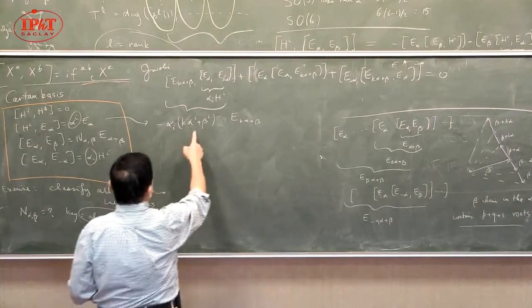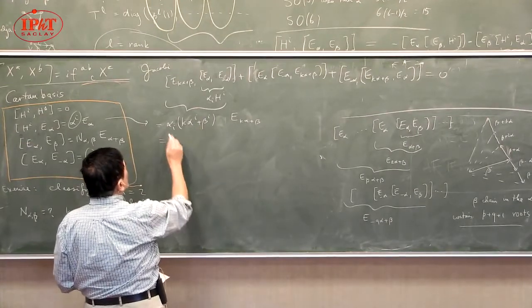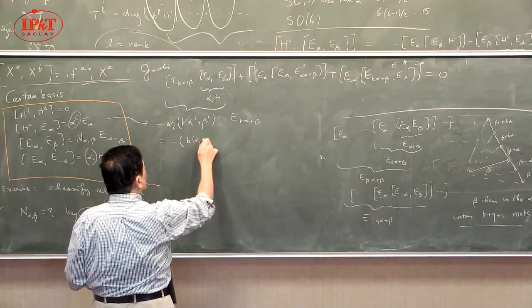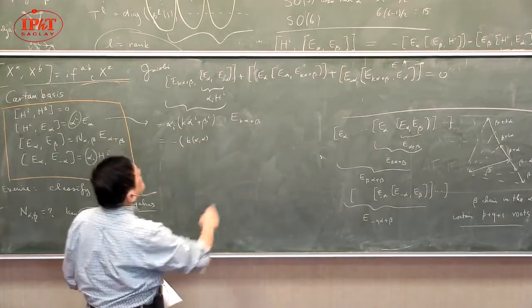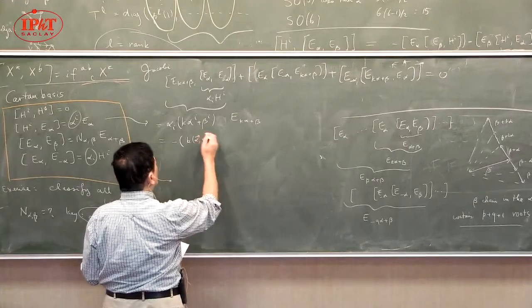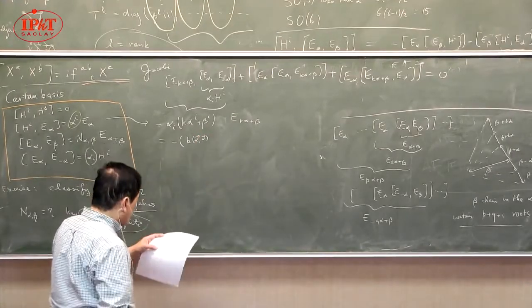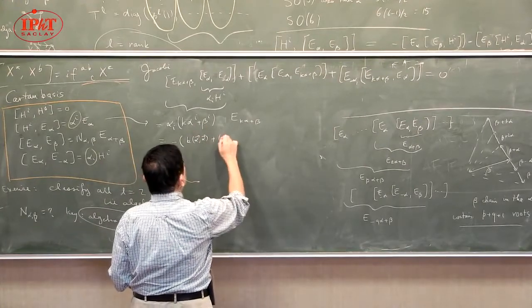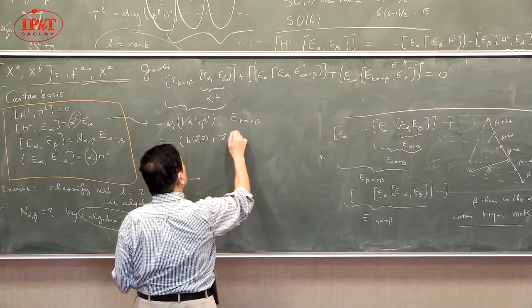Okay, this is an interesting combination because this is K alpha alpha, using the notation I used before, the one Cartan used. It's the scalar product between two vectors using the metric in the algebra. Then plus alpha beta.